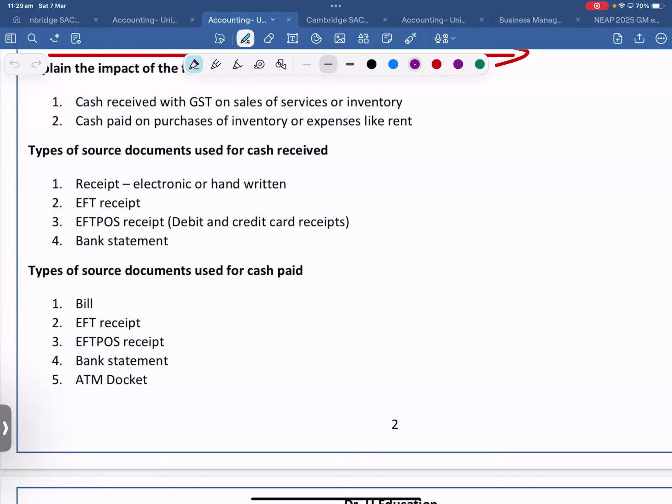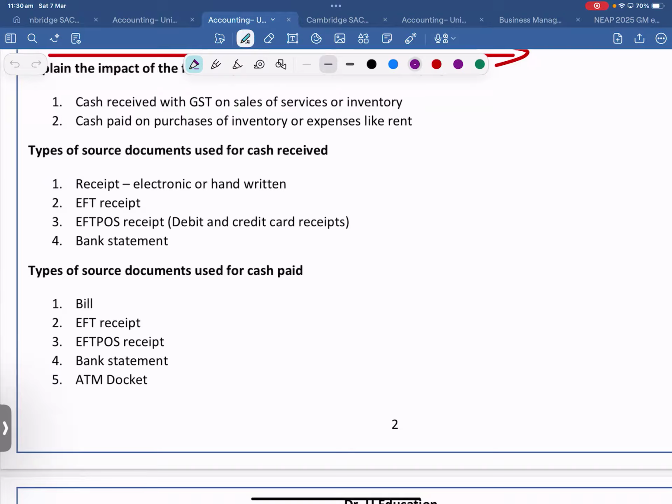Similarly, if I am a buyer, I will get the receipt from you. So when I get the receipt from you, for me, I have paid GST. Not as a seller, as a buyer.